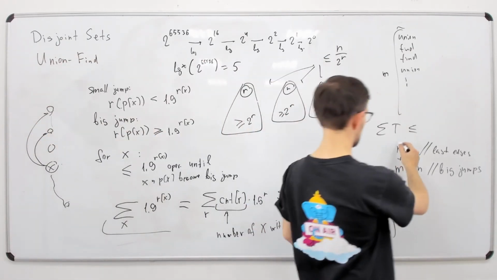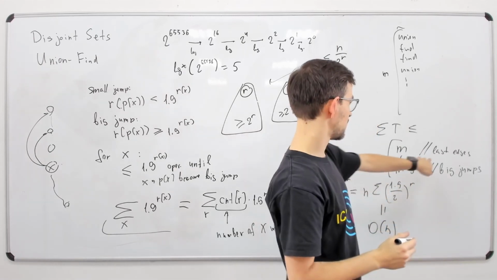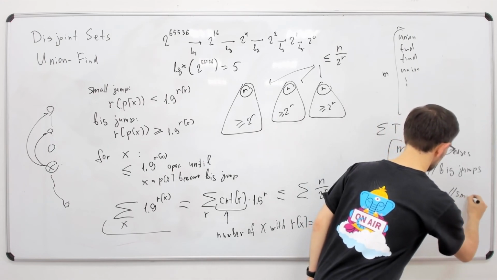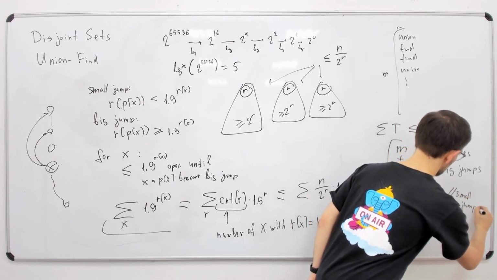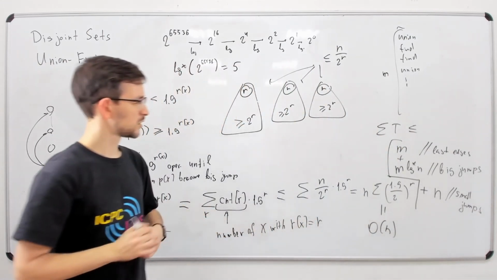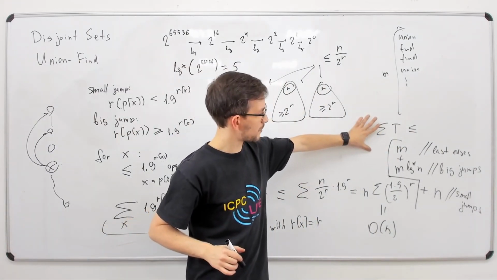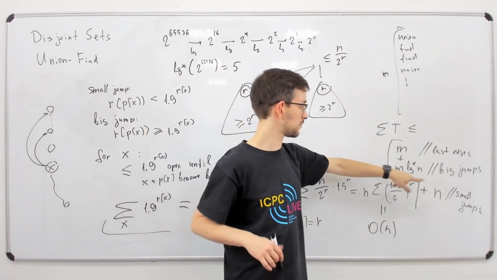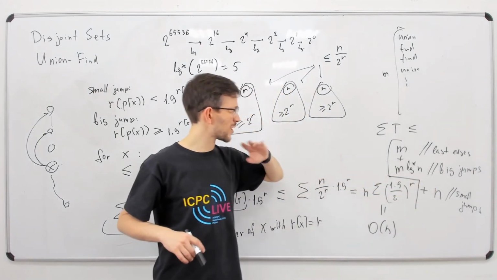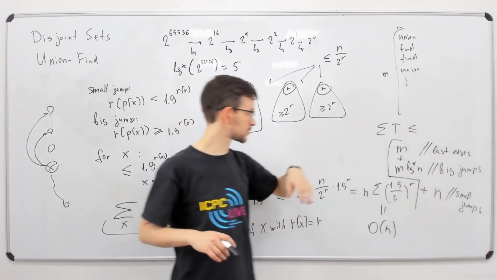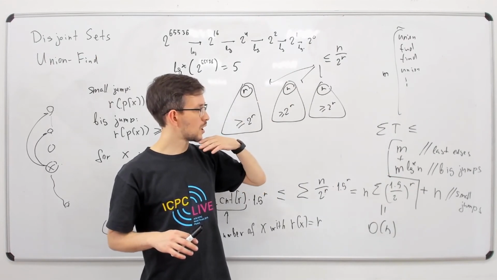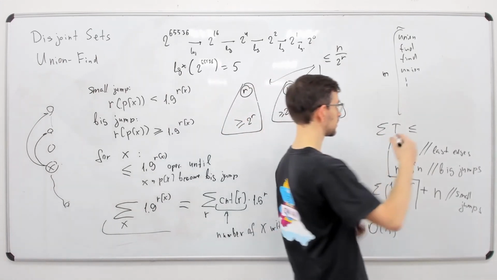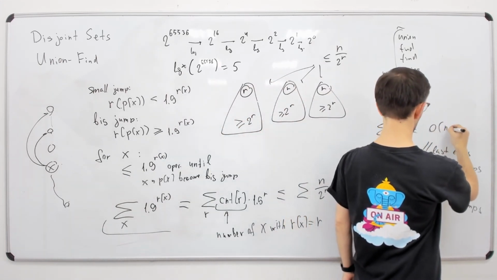So here we have the big jumps plus n small jumps. So the total number of operations in all these finds will be m log n plus n. And we will assume that m is bigger than n. So the total time will be up to big O of m log.